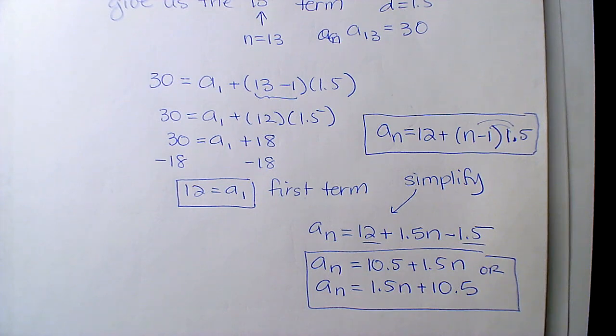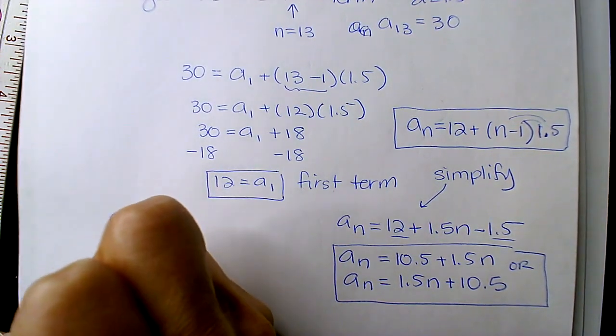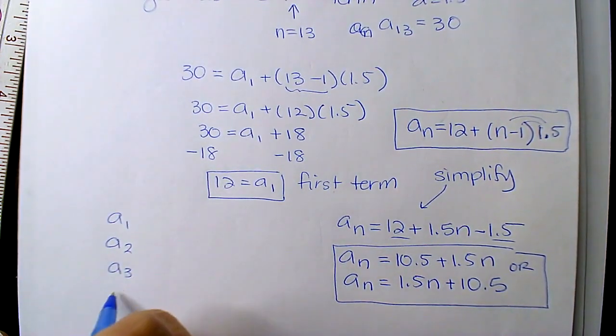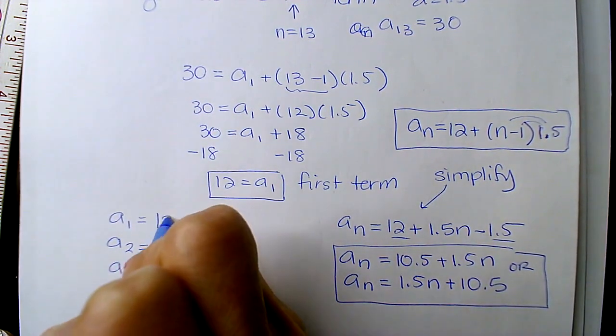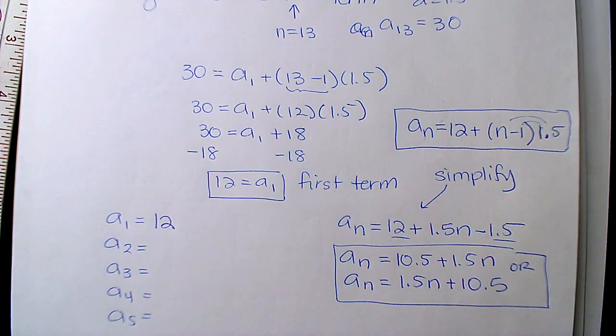Okay, the rest of the problem states to graph the sequence. So we'll do the first 5 terms. It doesn't say, but I believe your sheet tells you to find the first 5 terms, so we'll do the first 5. All right, so that we can graph it, let's find the first 5. The first one is 12, right? Okay, what would be the second one?